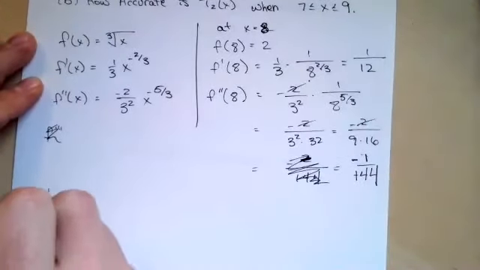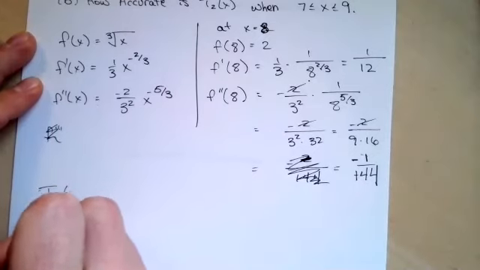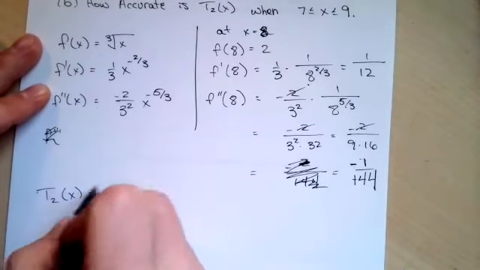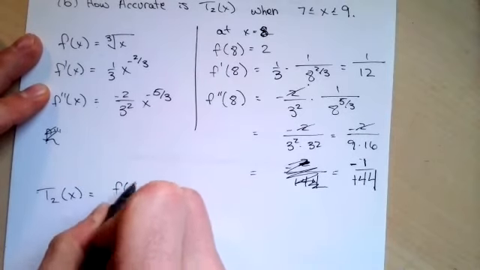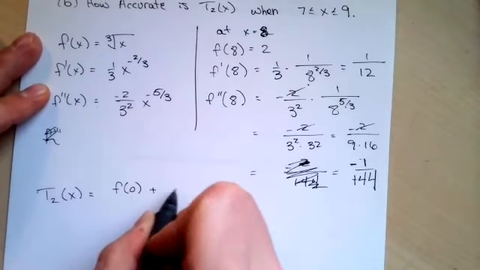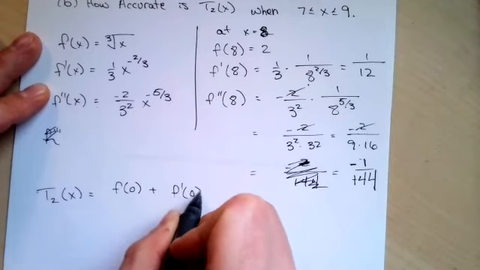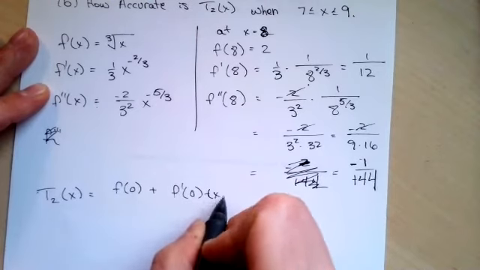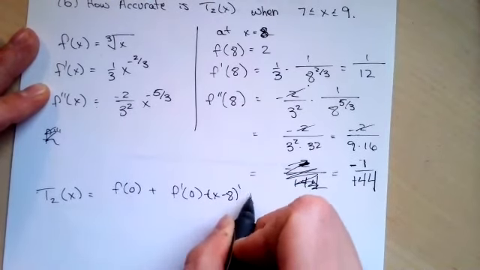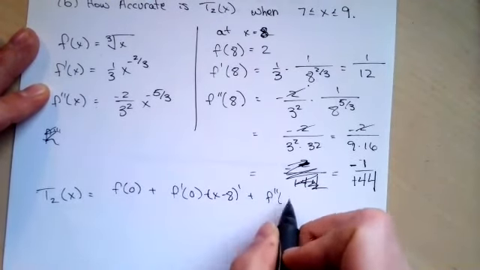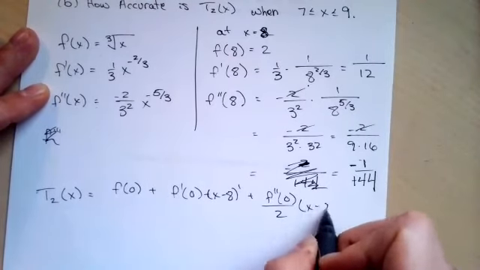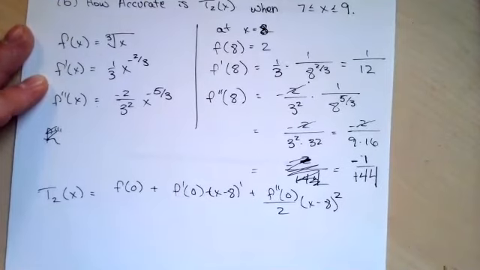So our Taylor polynomial of degree 2 of x, following our formula, f of 8 plus f prime of 8 over 1 times x minus 8 to the 1 plus f double prime of 8 over 2 times x minus 8 squared.